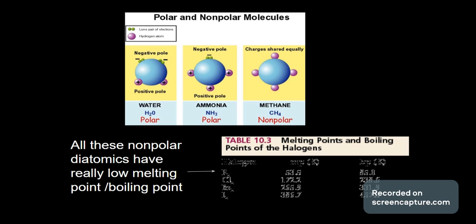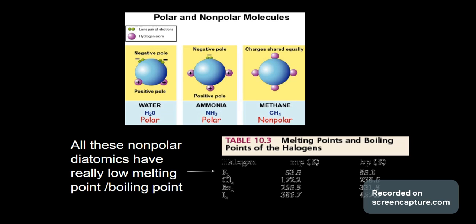All right, polar and nonpolar molecules have a different way in which they operate in terms of their classification, because polar and nonpolar lets us know if something is closer to being ionic or not.